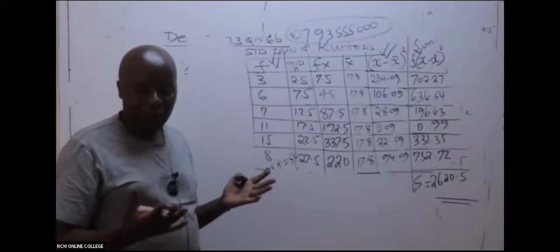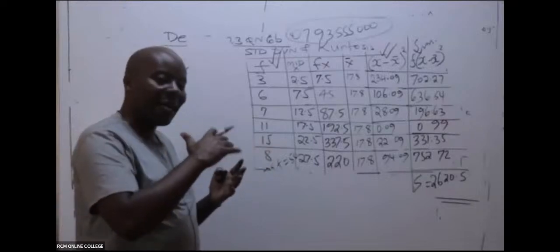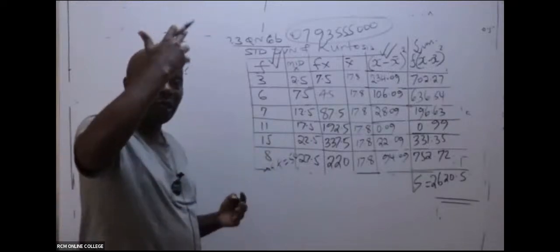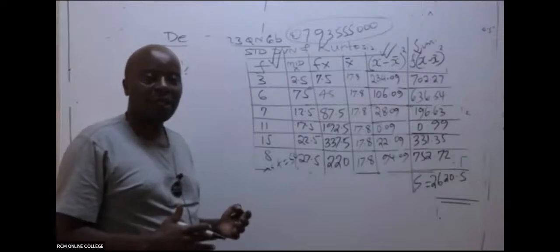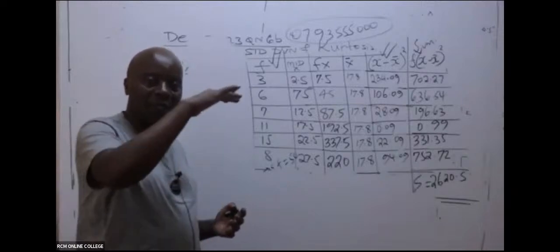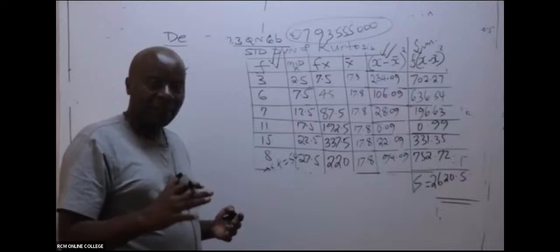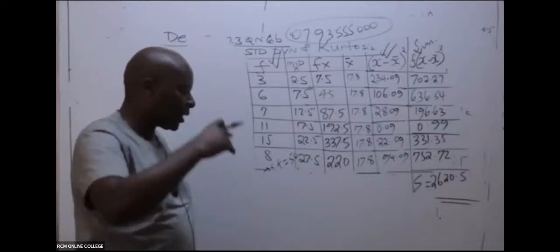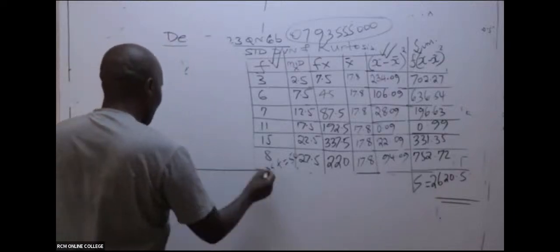To get this coefficient of kurtosis, which is a measure of peakedness, it is like height: we are tall people, myself I'm short, and we have people who are medium. So that is a measure of peakedness, like how these distributions behave.